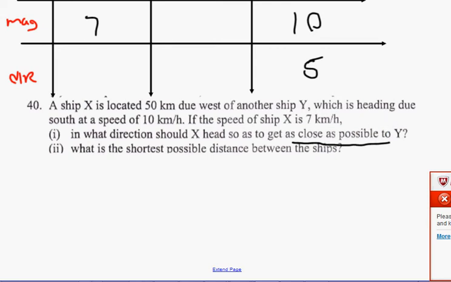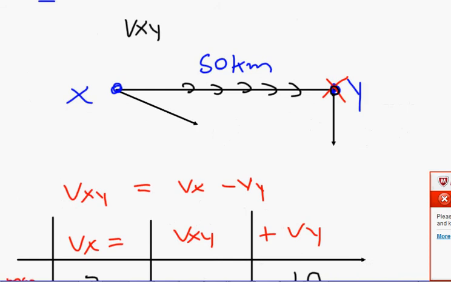Okay, so the bottom line is Y is going down 10 every hour. Y is going down 10. X at best can go down 7. It's always going to be losing ground upwards. When you drive X's 7 across, you're reducing the vertical component even more.